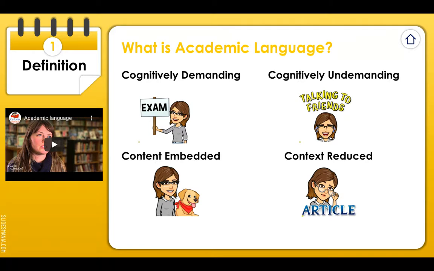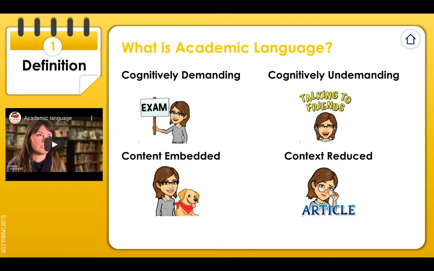It's high stakes and they will be using that higher level vocabulary. Cognitively undemanding language would be like if students were talking to their friends and vocabulary would make sense to them because they're using it with people that they know, friends, family, and peers at school.